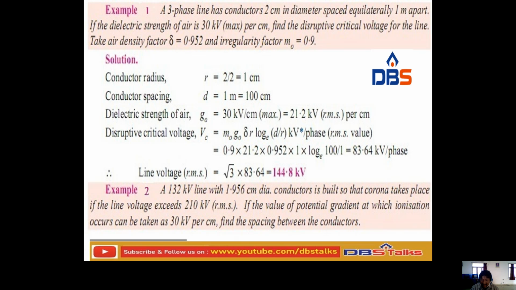Therefore, ln 100 by 1. By calculating all these with a calculator, we get a critical disruptive voltage of 83.64 kV per phase.